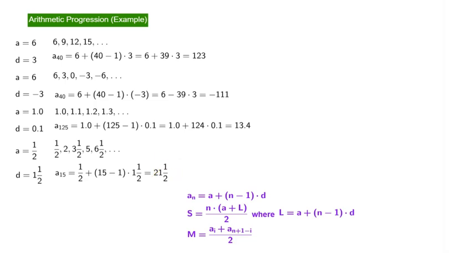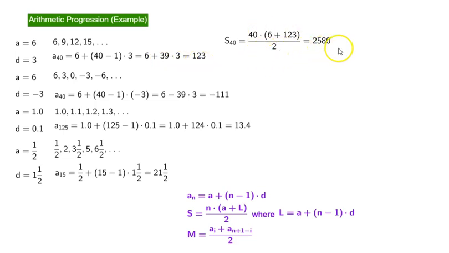Now, what about the series? S sub 40 for this sequence. Again, use this formula, n times a plus l divided by 2. So 40 times 6 plus 123. From where did this 123 come? We found the 40th term, divided by 2.